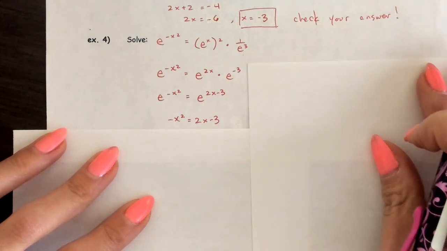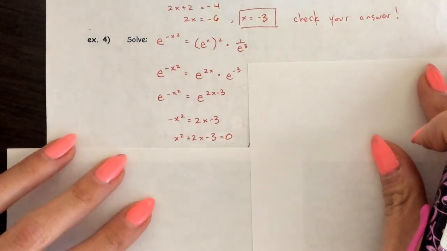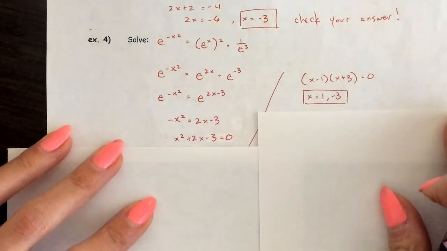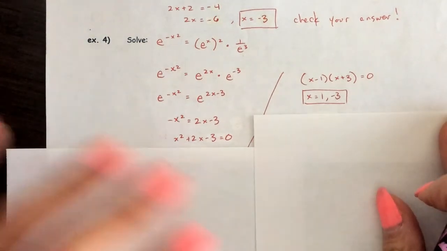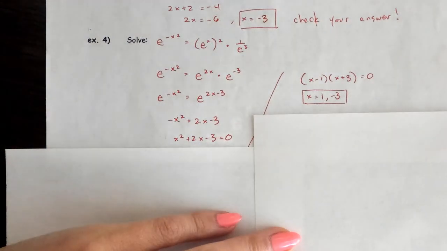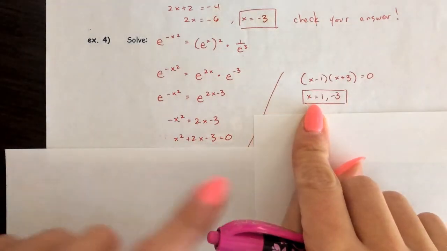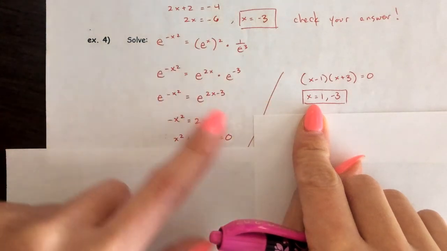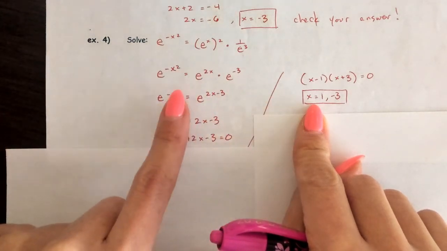Now that the bases are the same, you can go ahead and set these equal to each other. And how are we going to solve for x? You're going to factor, because you know how to factor. How many answers do you get? You get 2 answers. You have to check both. We're going to check both to see if these are both valid answers, okay? So we don't have to check this one because we didn't really do anything to that one. We have to check this one, okay?